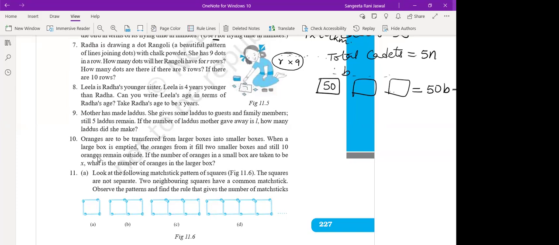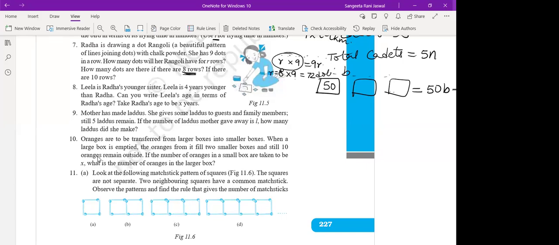In one row, she has 9 dots. So in R rows, she has 9R dots. Yes, ma'am, 9 into R. Now if she has 8 rows, how many dots will she have? Here R is equal to 8, so 8 into 9, 72 dots.